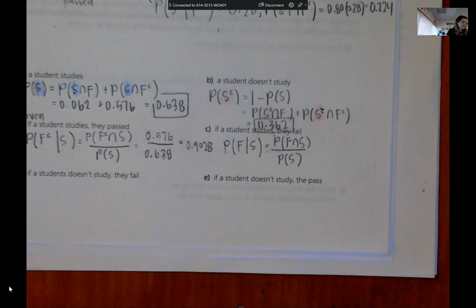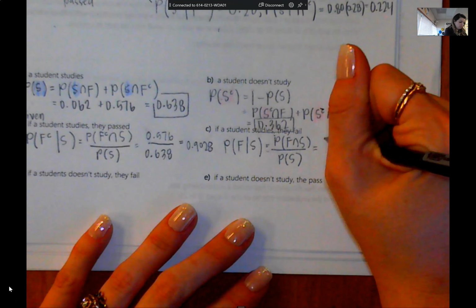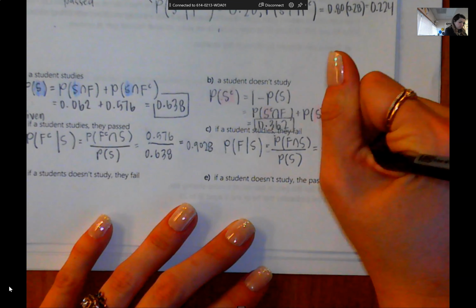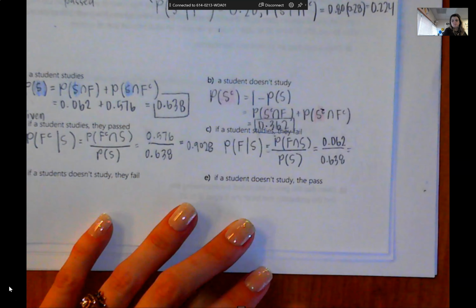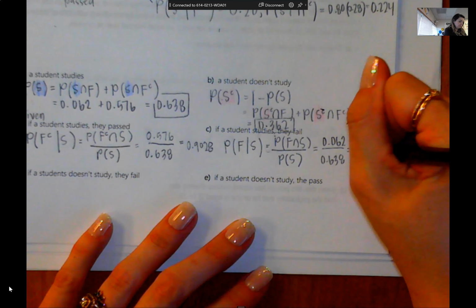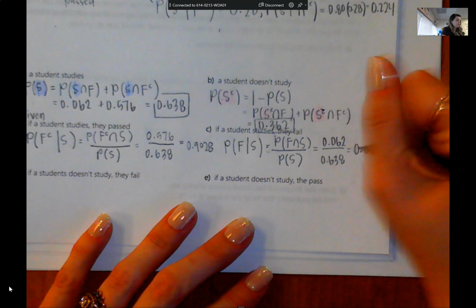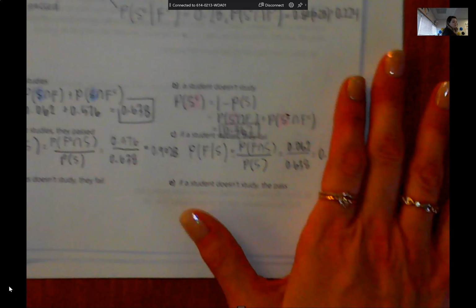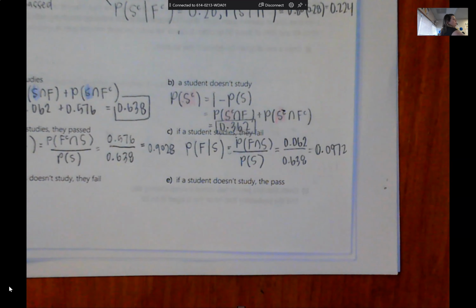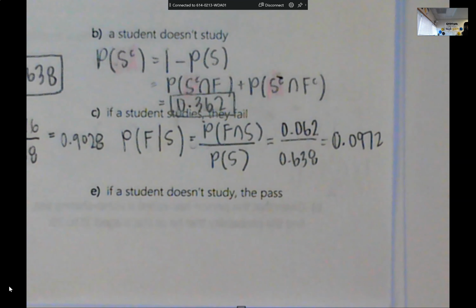So F and S is 0.062 over 0.638, which I believe is about 10%. The probability that a student who studied failed is 10%, which makes sense to me. It should be low if they studied.